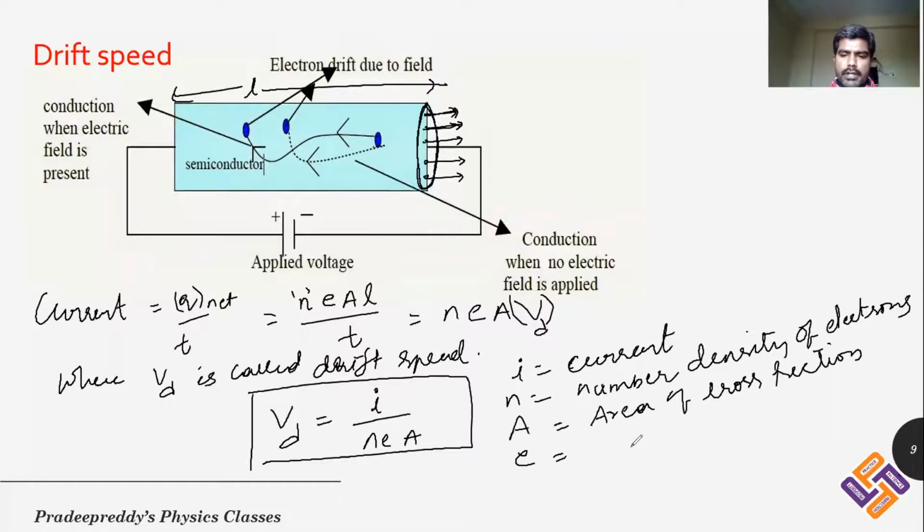It is 1.6 into 10 power minus 19 coulomb. This is the charge of each electron, 1.6 into 10 power minus 19 coulomb. This is the equation for drift speed in terms of current.